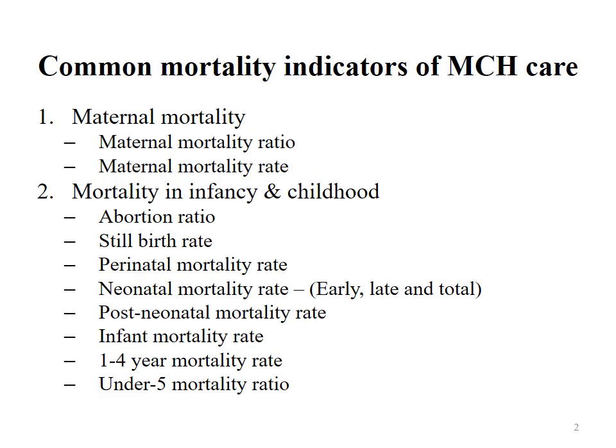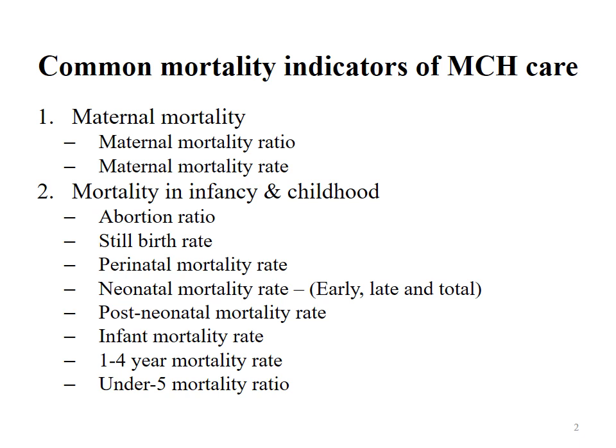So, these are all the common mortality indicators related to MCH care. These are divided into maternal and infancy or childhood related. Maternal are maternal mortality ratio and maternal mortality rate. Remember, these are not the only indicators regarding MCH care.